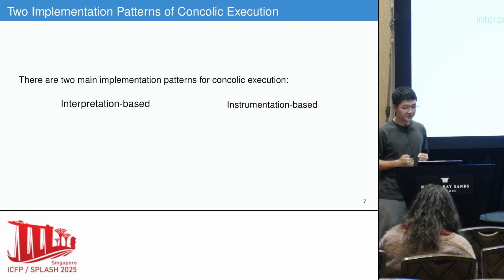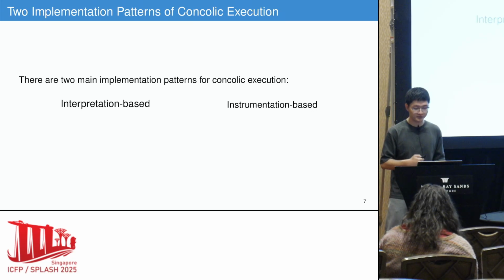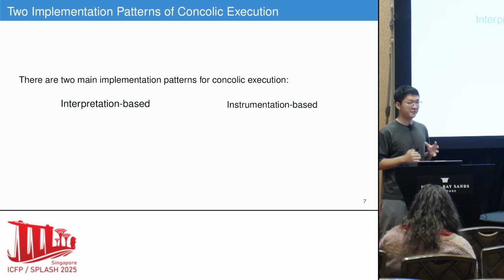For the implementation of Concolic execution, there are two main patterns for the mainstream works. The first one is the interpretation-based approach, and another one is the instrumentation-based approach. And they both have their own pros and cons. Let's see them one by one.